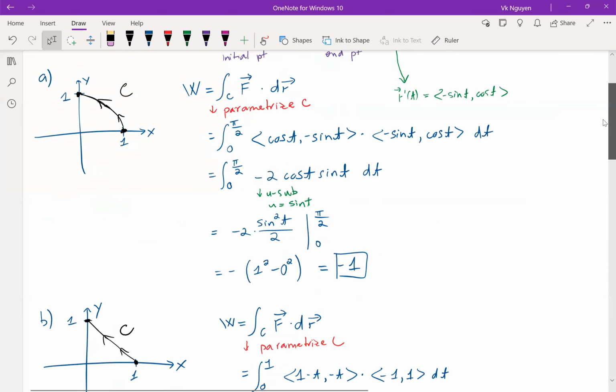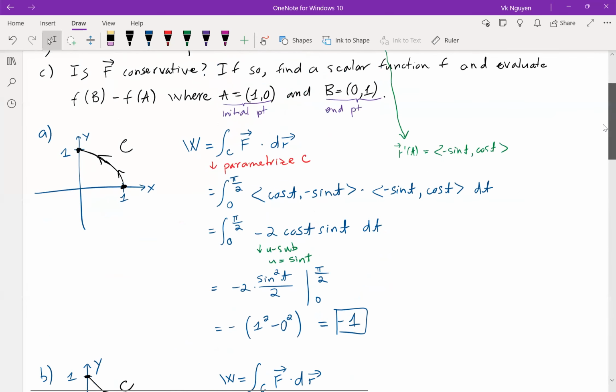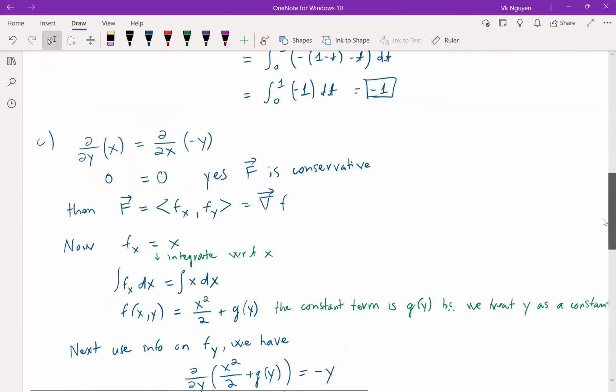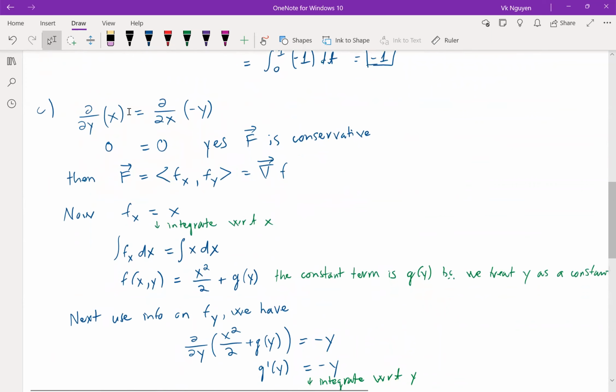So there must be something about the vector field F here. And in part C, when we use the Clairaut theorem, we see that the vector field F is conservative, and so it is the gradient vector of some scalar function f.